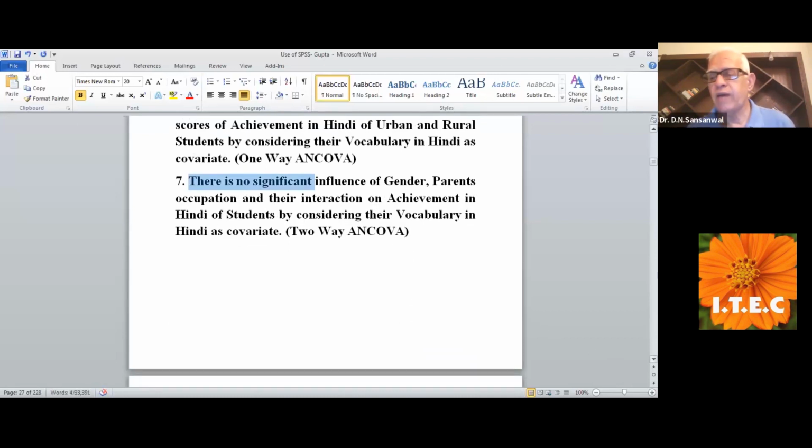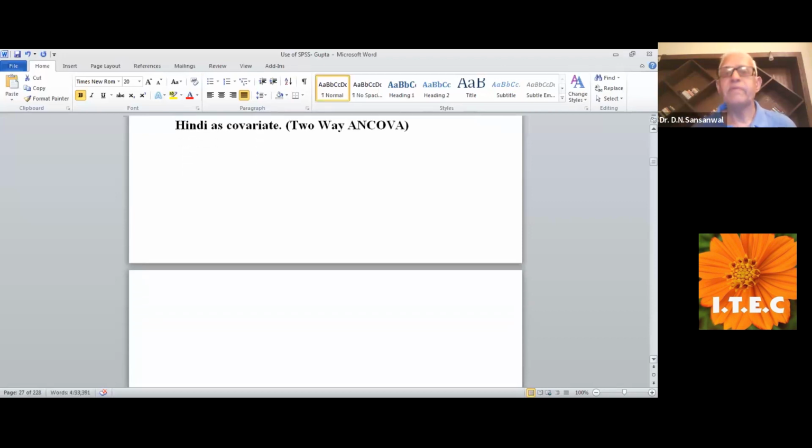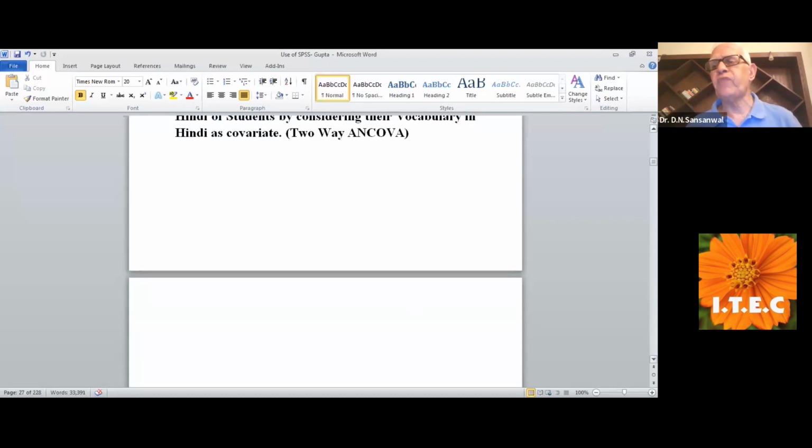So this is how you can change your objectives into the hypothesis. Do you want some more example of how to formulate hypothesis, or you can now do it for everything?